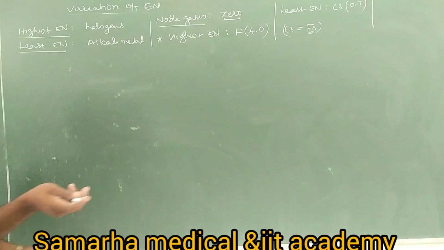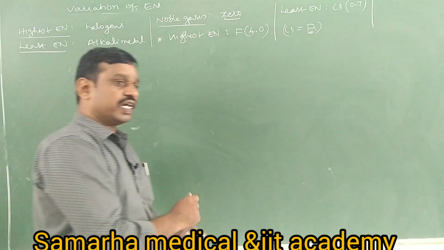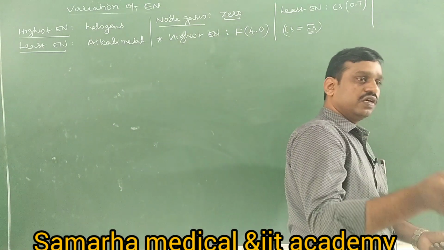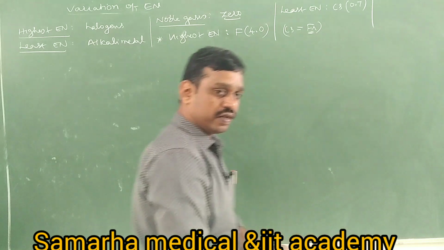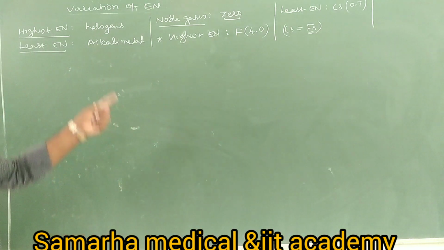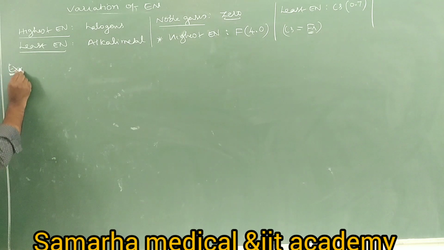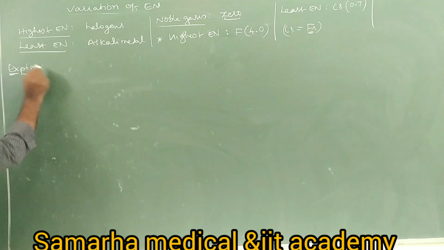Okay. Next, are there any exceptions? We are studying every property, and we are studying exceptions. We have studied exceptions in ionization enthalpy and in electron gain enthalpy, electron affinity. Is there any exception here? Yes, there is. What are the exceptions in electronegativity?